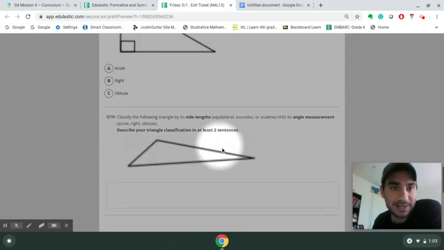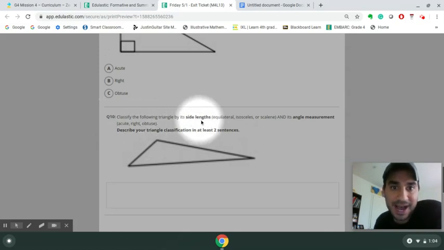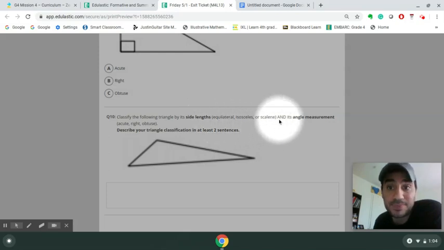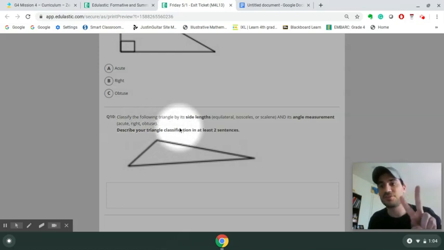Last but not least, question 10: classify the following triangle by its side lengths. Is it equilateral, isosceles, or scalene? And I need you to classify it by its angle measurement. Is it acute, right, or obtuse? You're going to describe your triangle classification in at least 2 sentences.